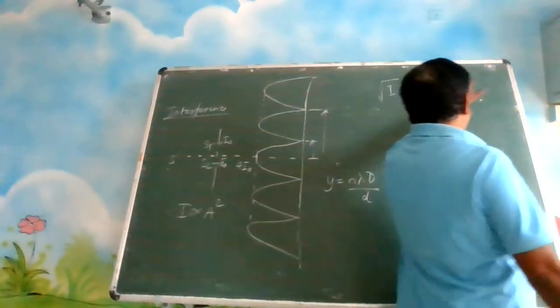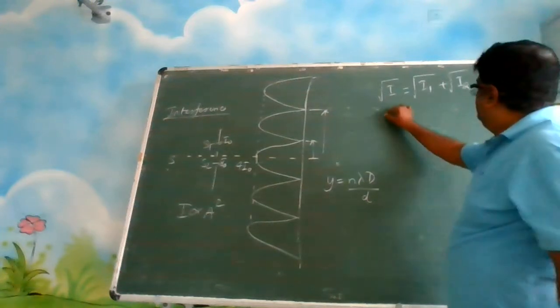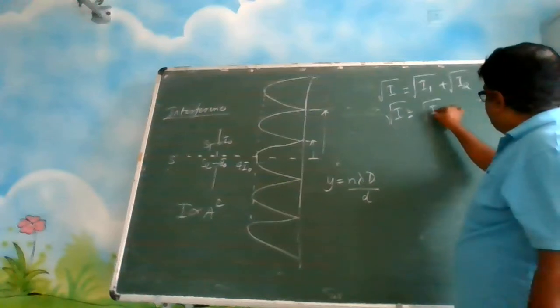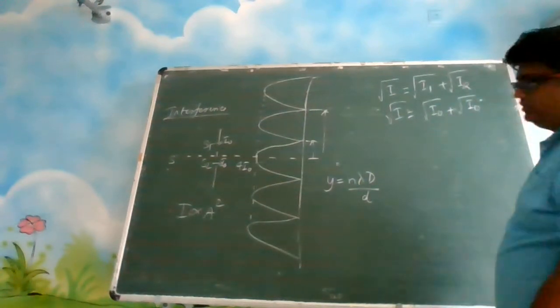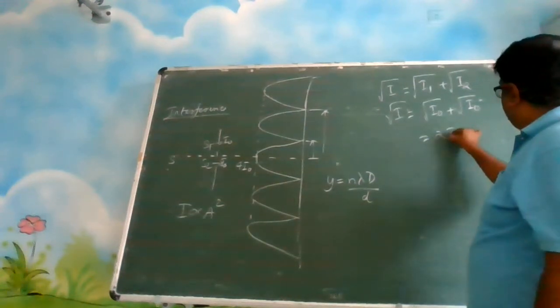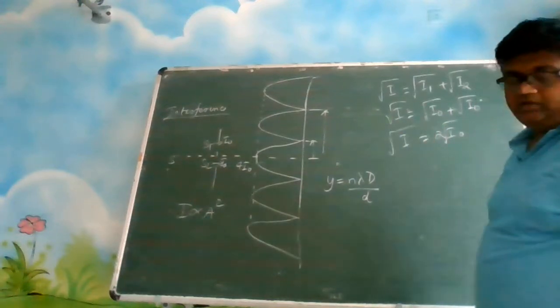That means I1 and I2 are both equal to I0. What will happen? Root over I will be equal to root over I0 plus root over I0. So this becomes 2 root over I0, equal to root I.